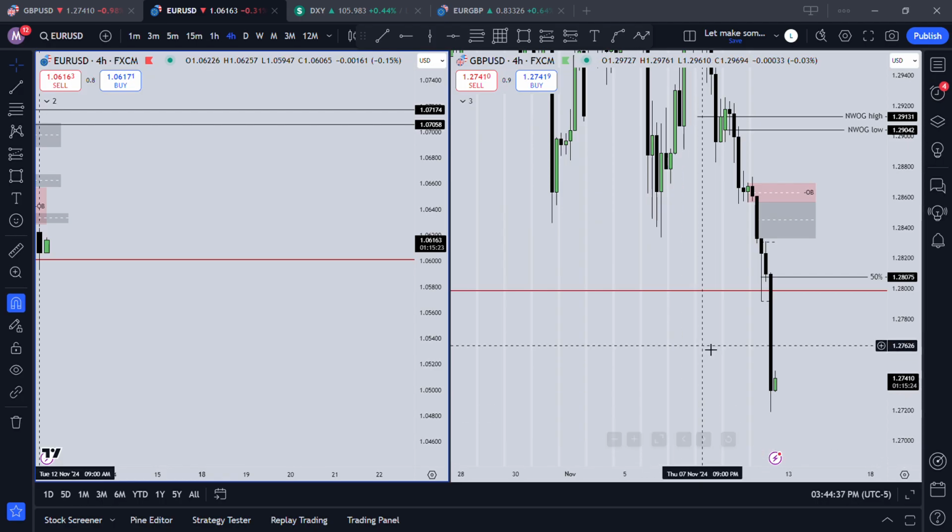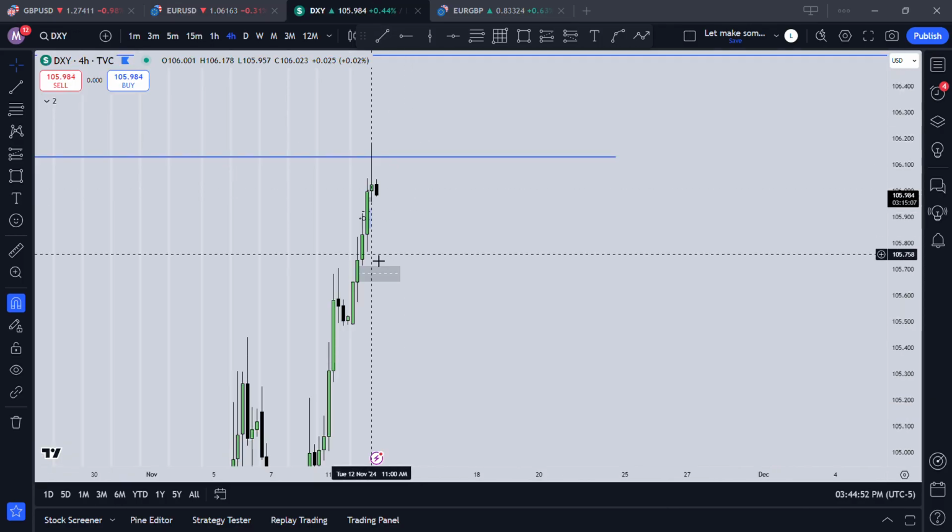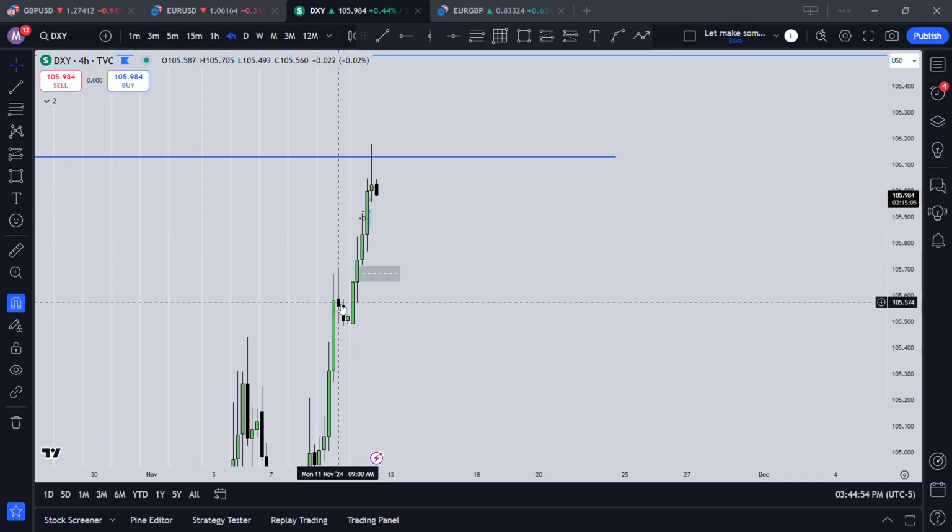Just because GU may look like this doesn't mean that it's bearish or it's bullish or it's switched. DXY always gives the idea as to what price is going to do.